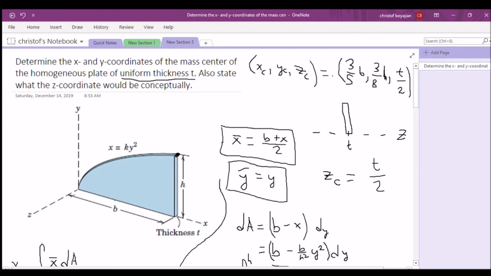So there you have it. That is our centroid, or our center of mass, in component form right here.